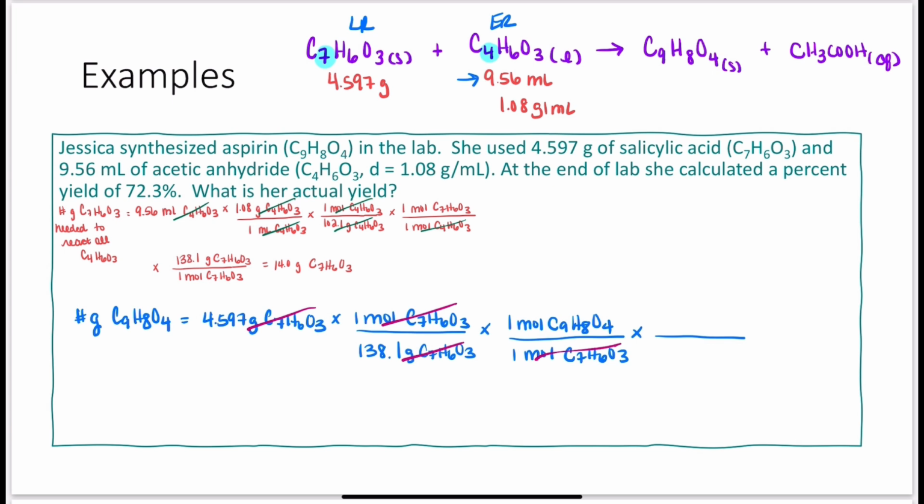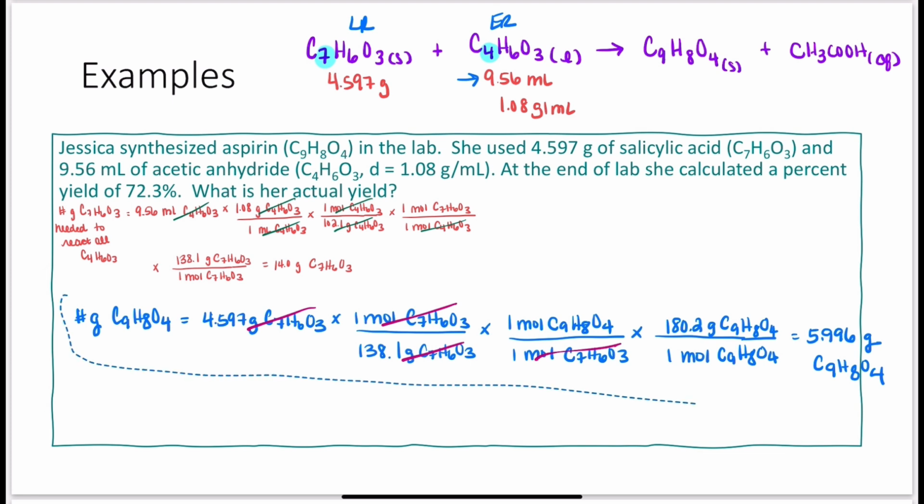And now that I know moles of aspirin, I can go to grams of aspirin. Aspirin is 180.2 grams of C9H8O4 for every 1 mole of C9H8O4. Based on this, I can make 5.996 grams of C9H8O4. So I can make just under 6 grams of aspirin under these conditions.